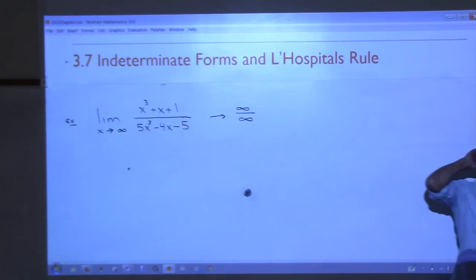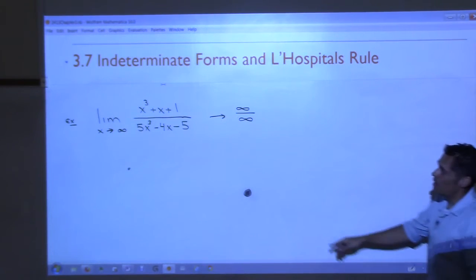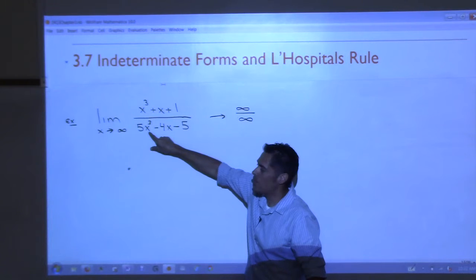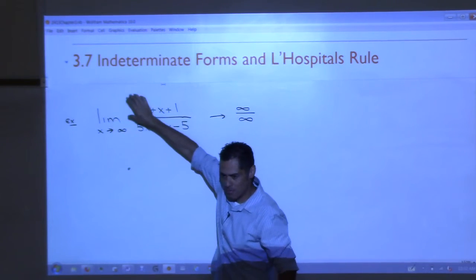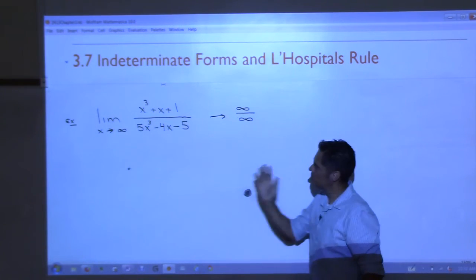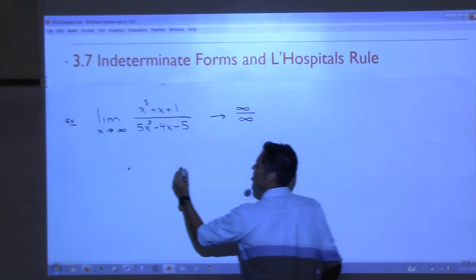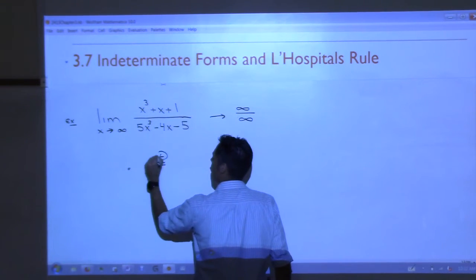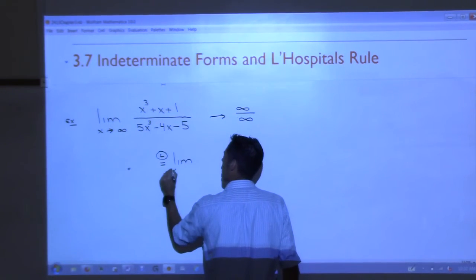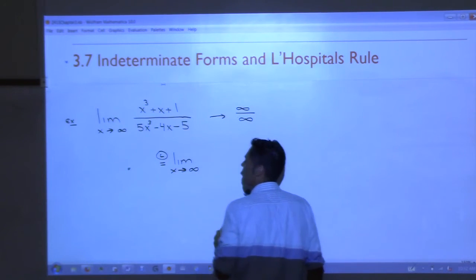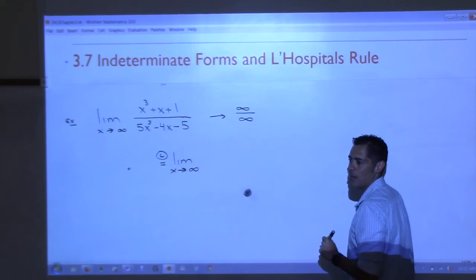Does anyone remember what I did when I saw this in the past? You look at the highest power of x down here, and you have to come in with 1 over something in the front. Remember that? That's in the past now. So now I have infinity over infinity, right? Because of that, I'm going to use L'Hopital's rule, and take the derivative of the top and bottom separately.